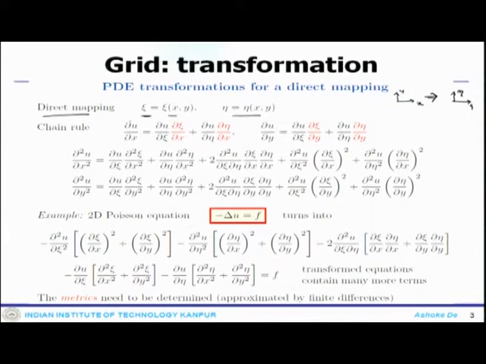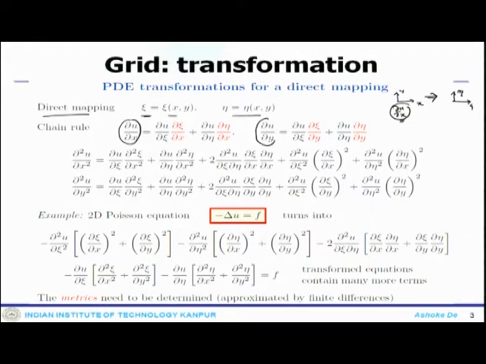If I need to find del u by del x, there will be two components: one is del u by del xi times del xi by del x, and the second component is del u by del eta times del eta by del x. I am trying to find out what is going to happen to del u by del x when I transform the system to the xi eta system.